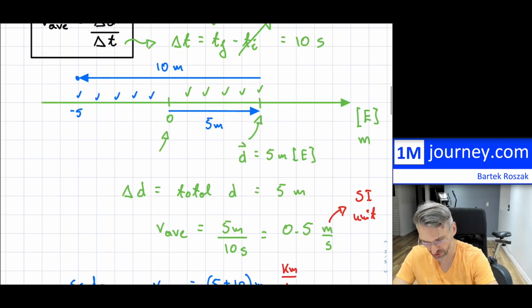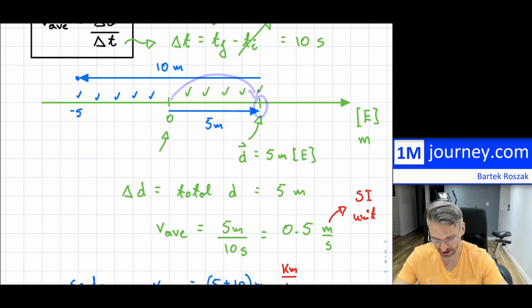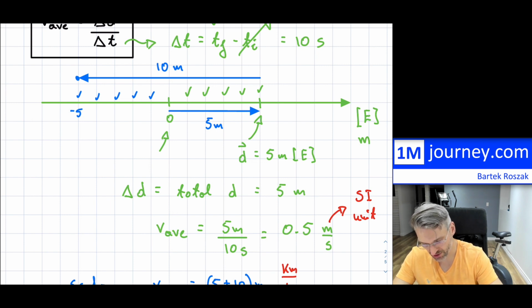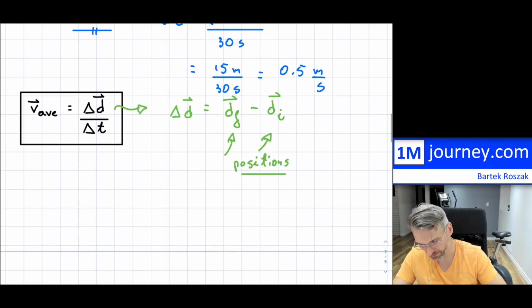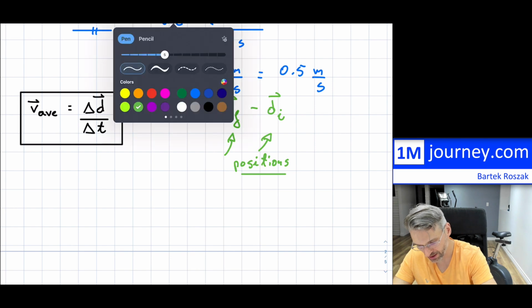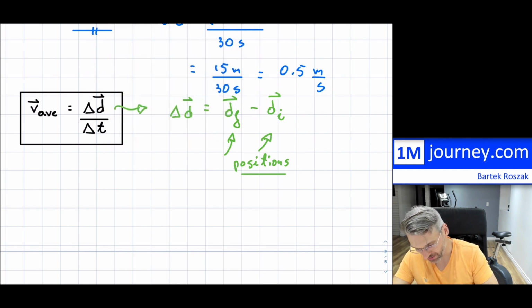What I'm referring to is this. If you start from here and you walk all the way over here, and you know that it has taken you, let's say, 10 seconds, and you wanted to find the average velocity, the average velocity is equal to our final position.